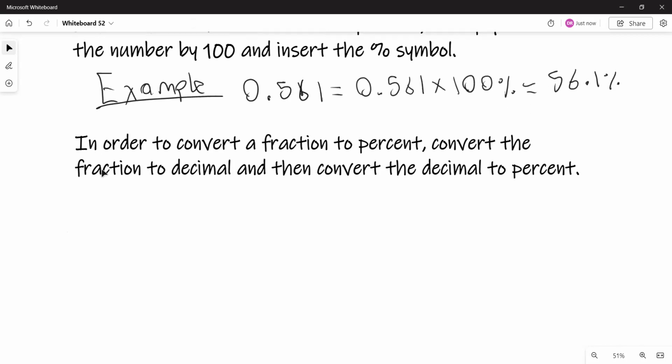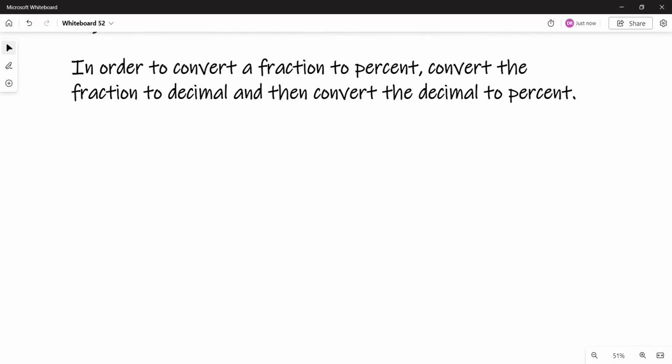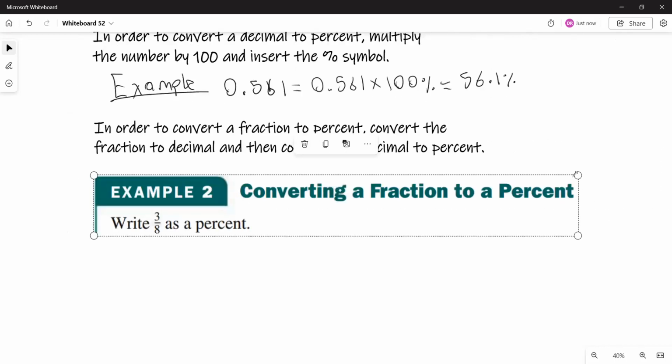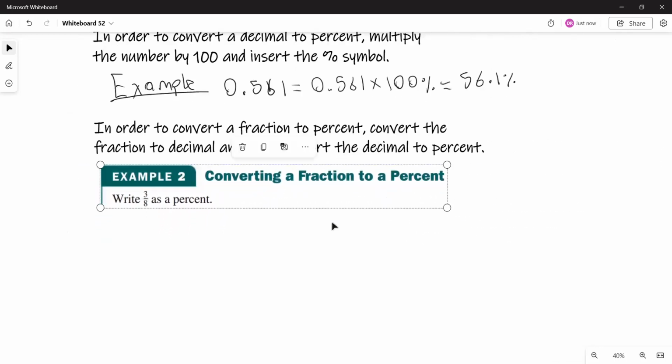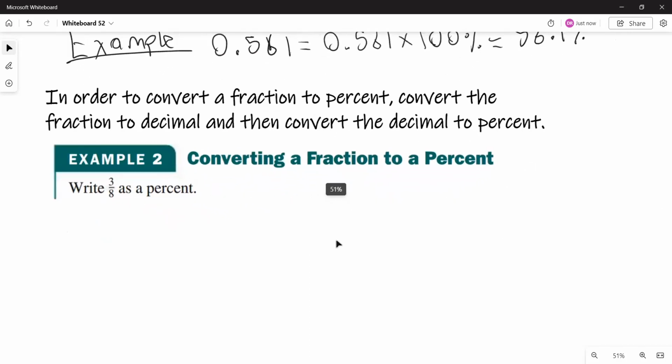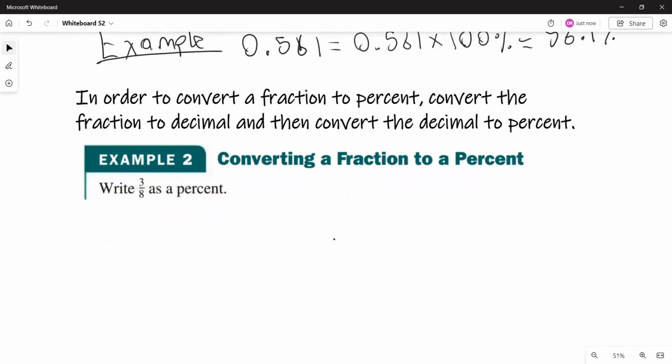Okay, so let's look at example 2, which is an exercise of that. 3/8 as a percent.